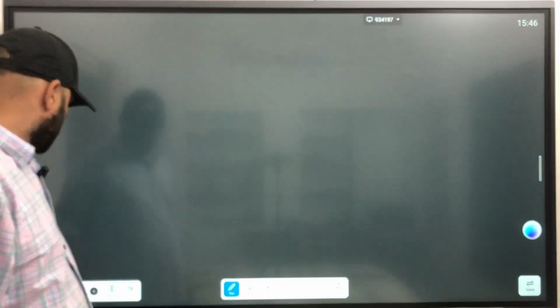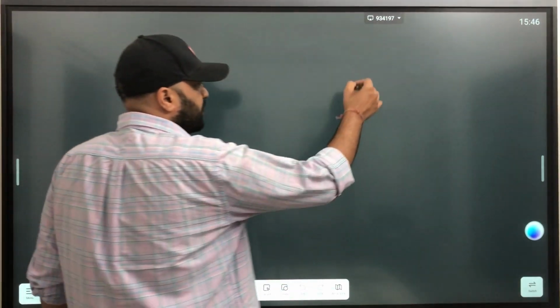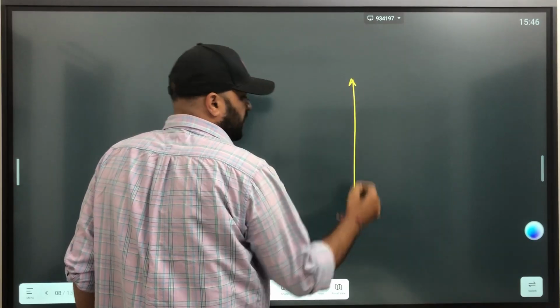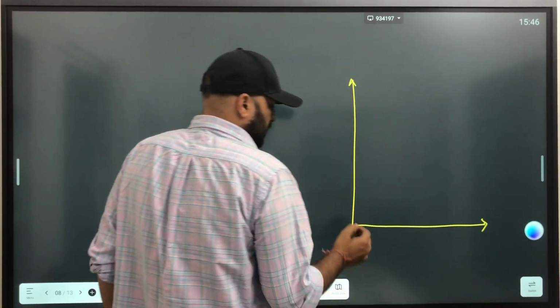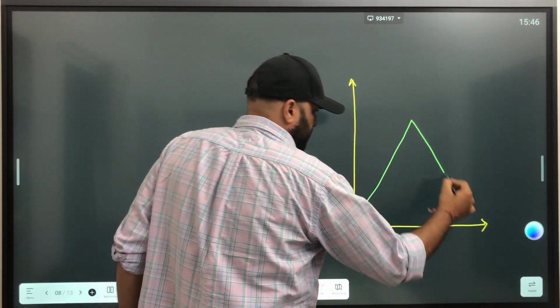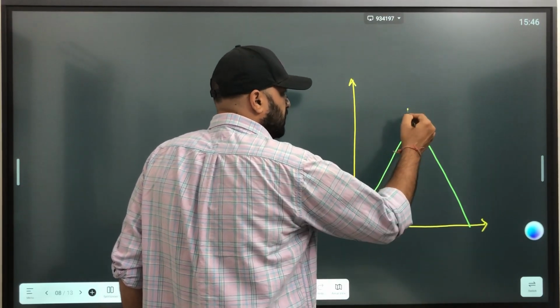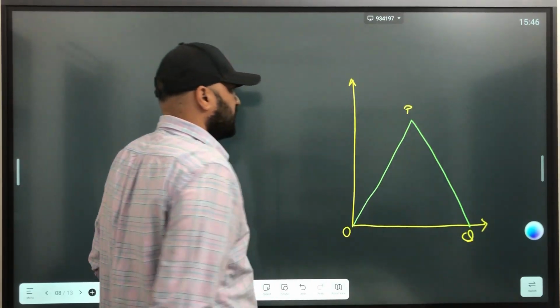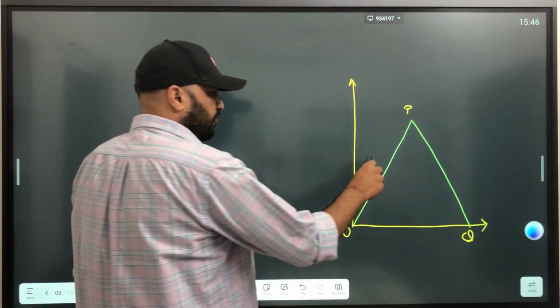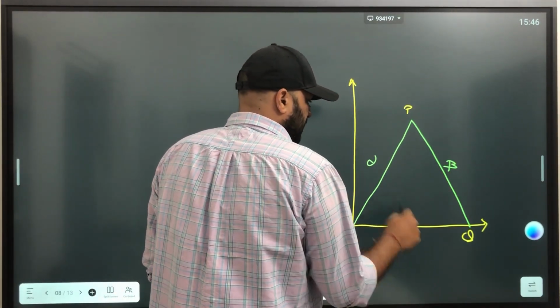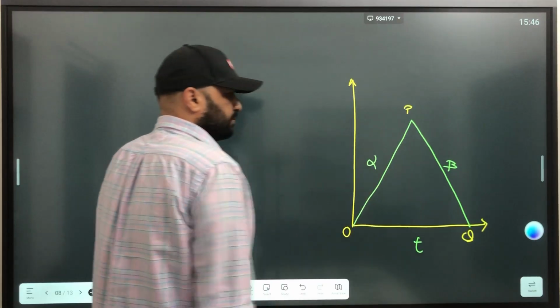Okay, so for this problem, let's say you are going from O to P to Q. This is alpha, this is beta, and time t is given, right?